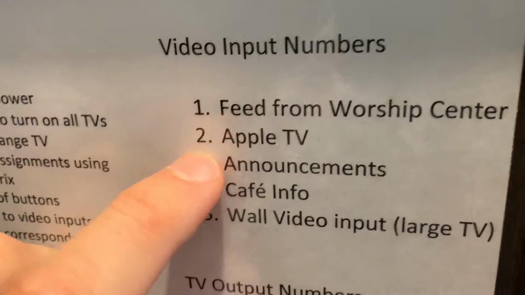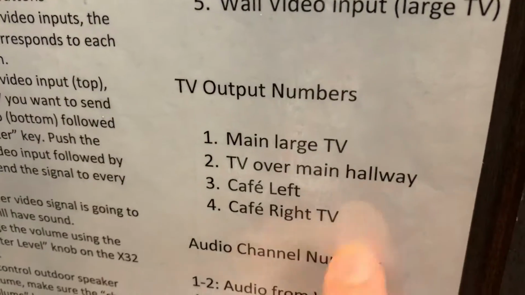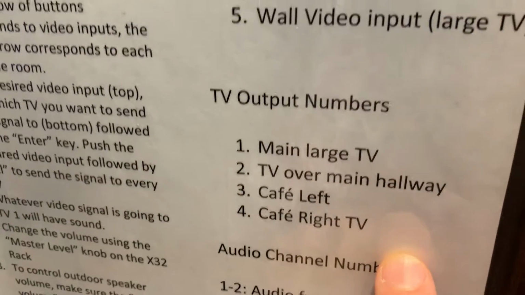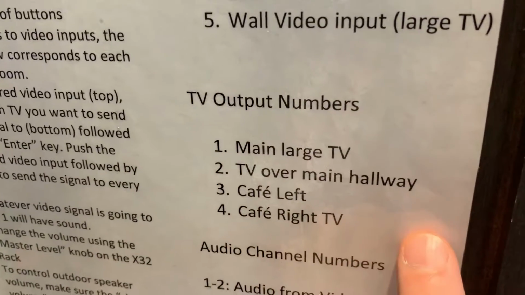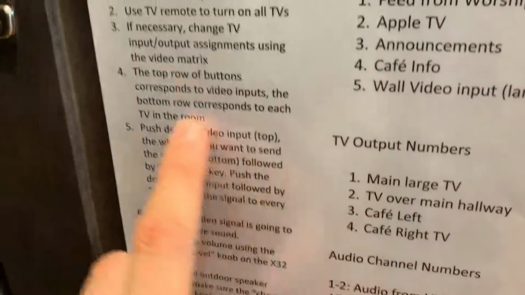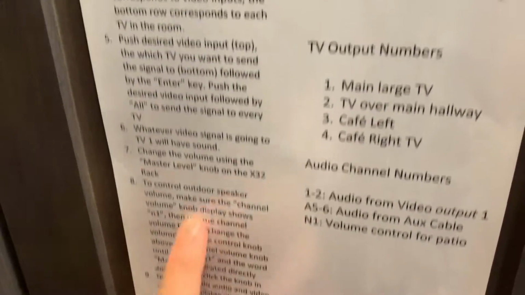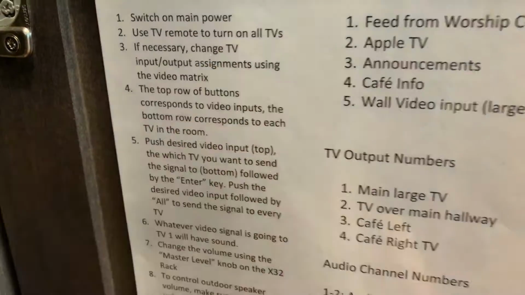Remember, these are all the inputs: Worship Center, Apple TV, announcements, Cafe Info, and the wall input. These are the TVs. All right, hopefully that makes sense. You can talk to me or Diane if you have any further questions. And hopefully what I just went through is pretty much outlined on this side if you need some reference.